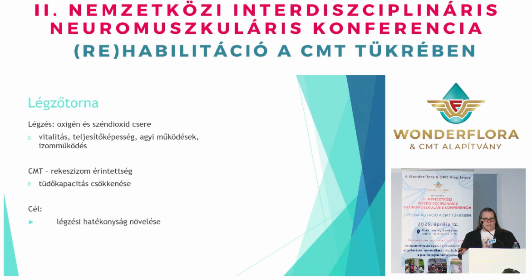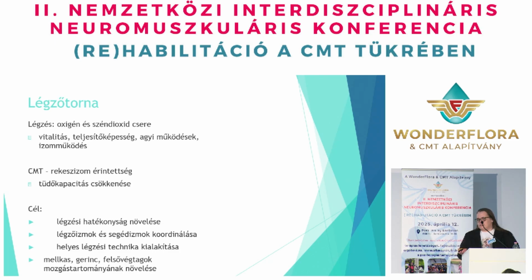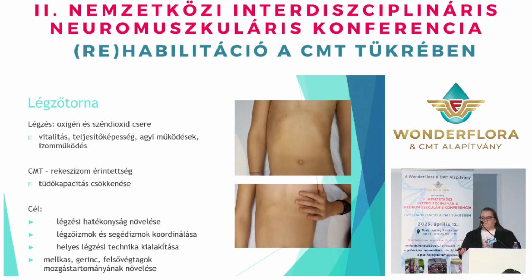So the aim of breathing exercises is to increase breathing efficiency, to make the coordination of breathing muscles and auxiliary muscles more conscious. We try to put in place the right breathing technique, and we have an effect on the chest, the spine, the upper extremities as well.